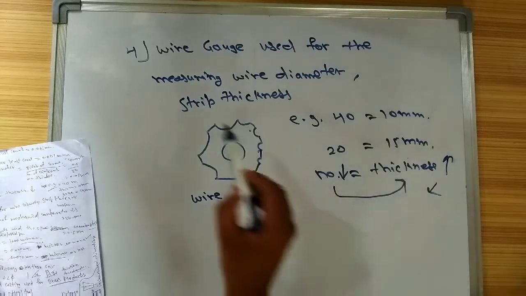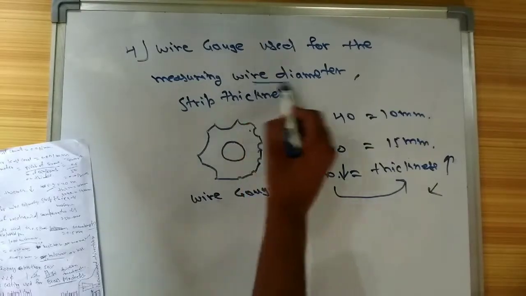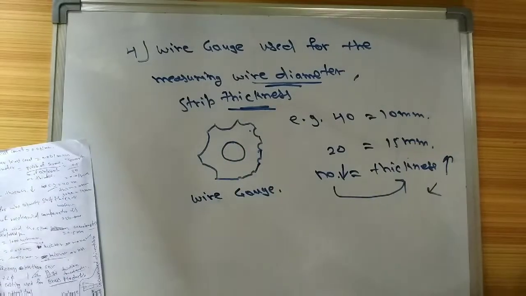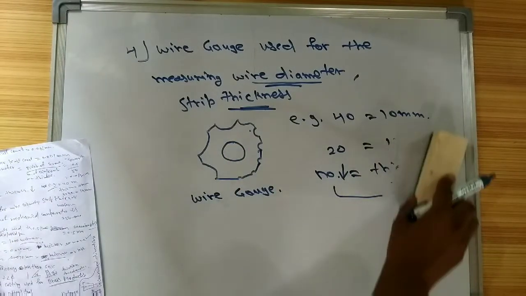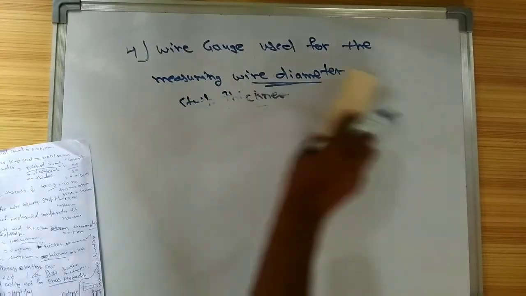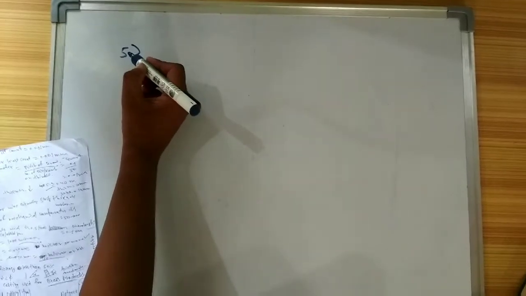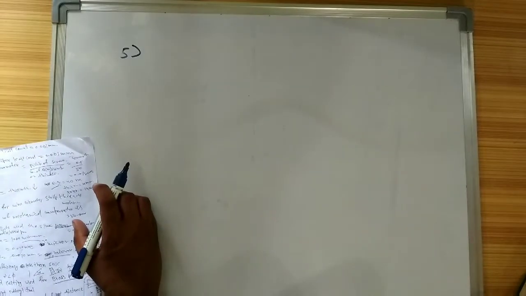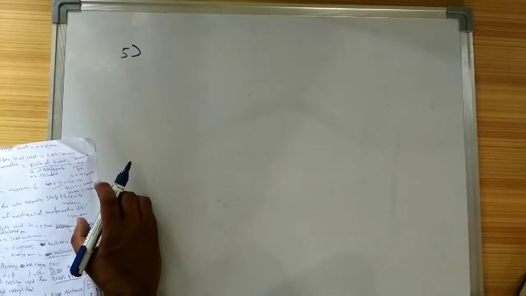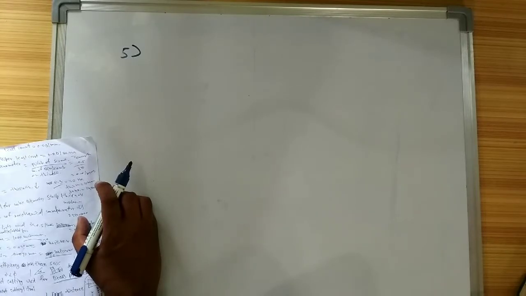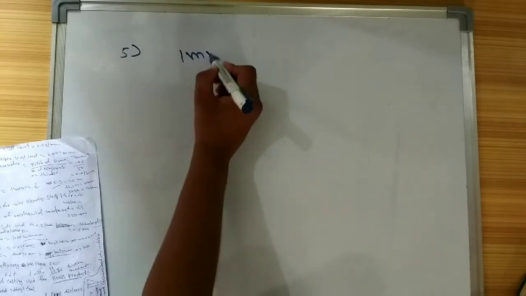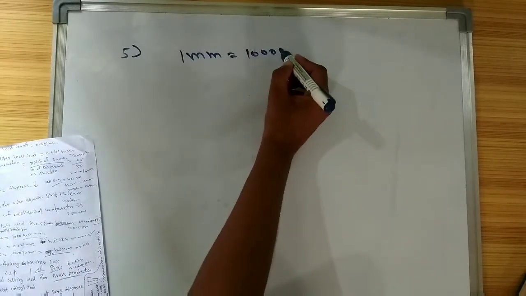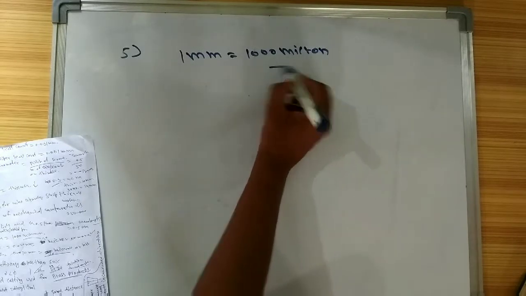When the number is increased, the thickness is decreased. Wire gauge is used for measuring wire diameter and the thickness of strips. One mm is equal to 1000 micron.